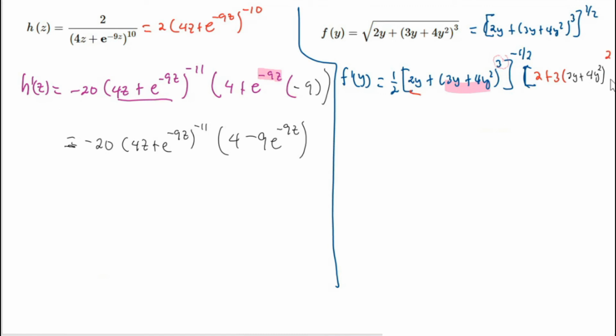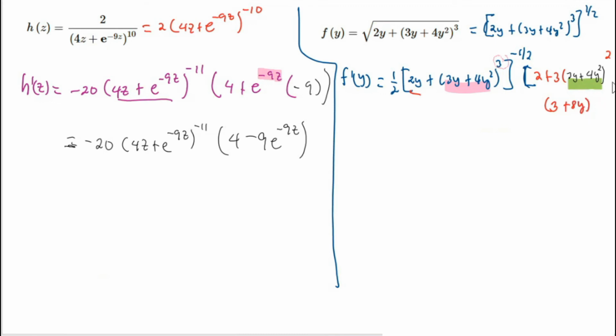But we are not done yet, because we need to take again the derivative of the base, which is this one. So multiplied by, I will just write it here. The derivative of 3y is just 3, plus the derivative of 4y² is 8y.